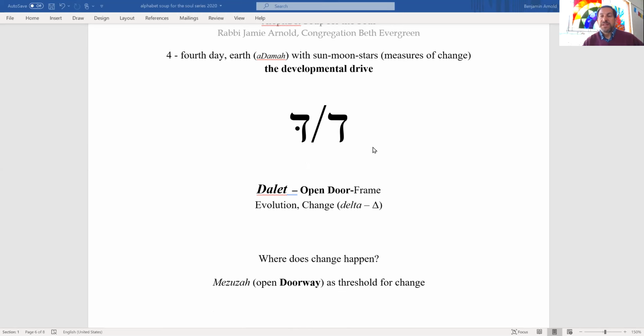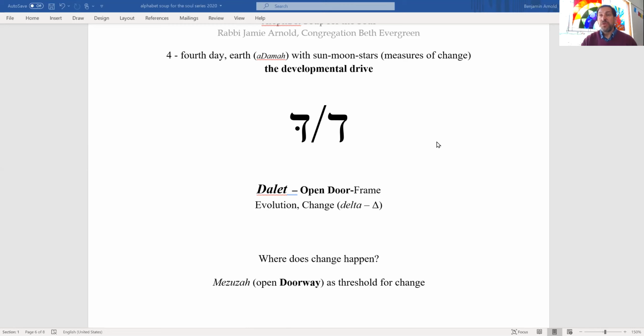How interesting that the solidity of a door frame, which is the safest place to be when there's an earthquake, is named with the word for movement, for transition, for change. So Dalet is all about transformation.